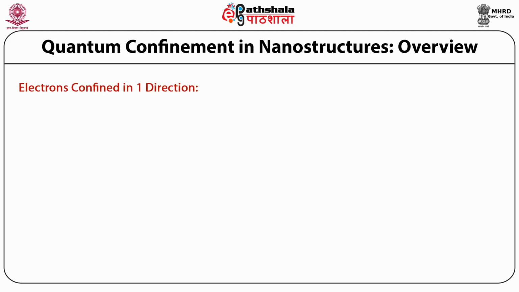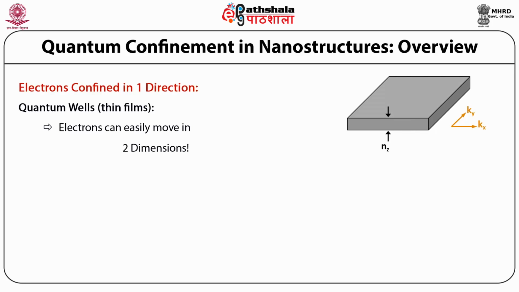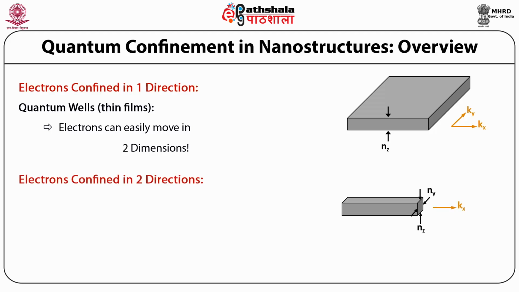Electrons confined in one direction, that is a quantum well, thin films, where the electrons can move in 2 dimensions. This is evident from this figure. Then the movement of the directions are given by kx and ky. Next, the electrons confined in 2 directions.